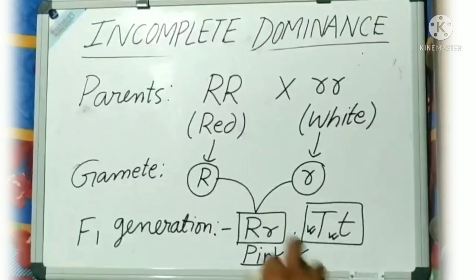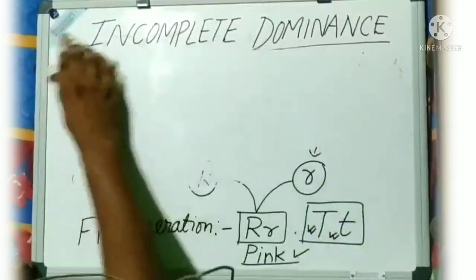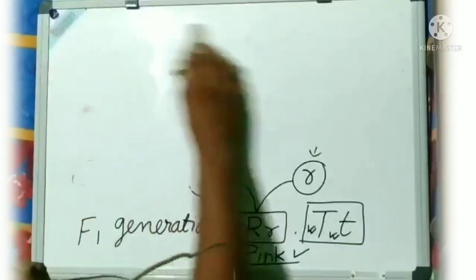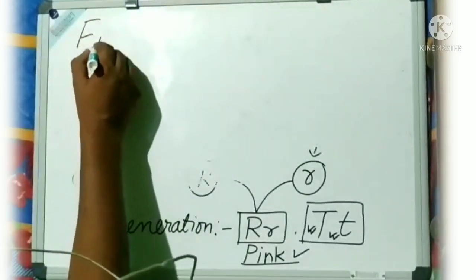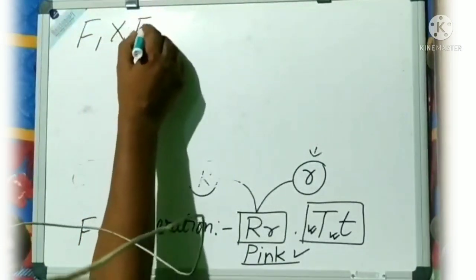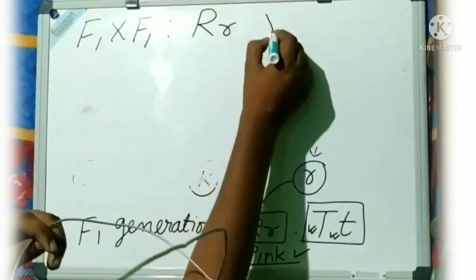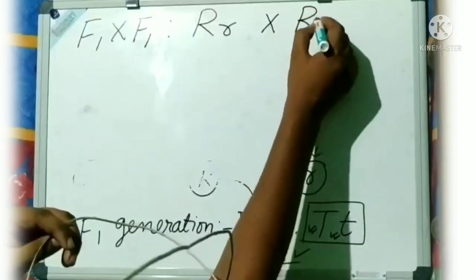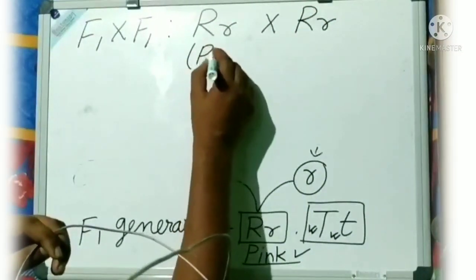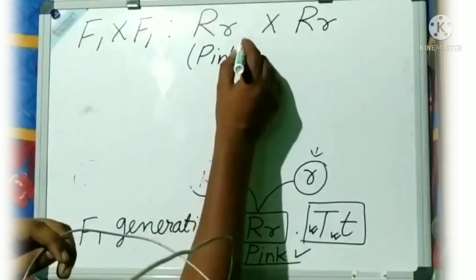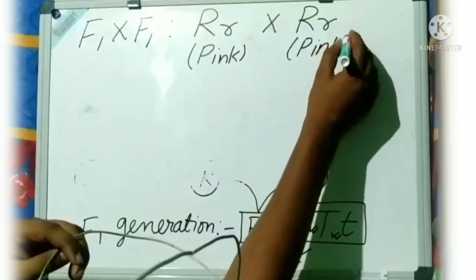Now the second step is we will cross the F1 plants together. I will cross the plants of the F1 generation together and then we will see what the result will be. So we take two plants from the F1 generation and the genotype will be capital R, small r, and the flower color will be pink. Now what happens in the F2 generation, we will see.